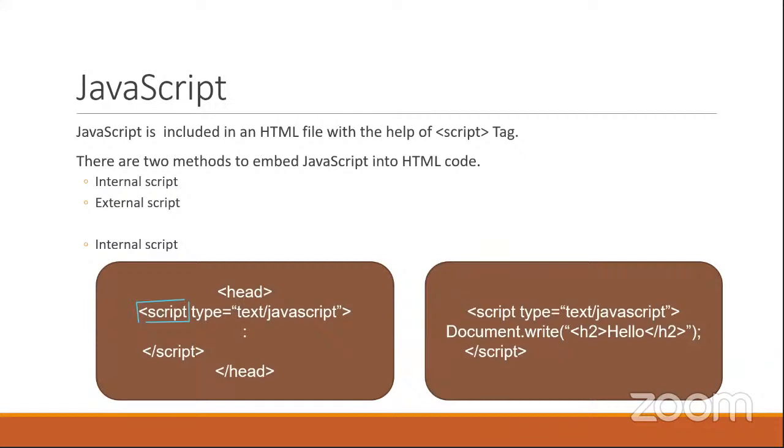That's called external JavaScript. That file can be reused in any number of HTML files, so the external JavaScript file can be used multiple times, or we can say it's reusable.